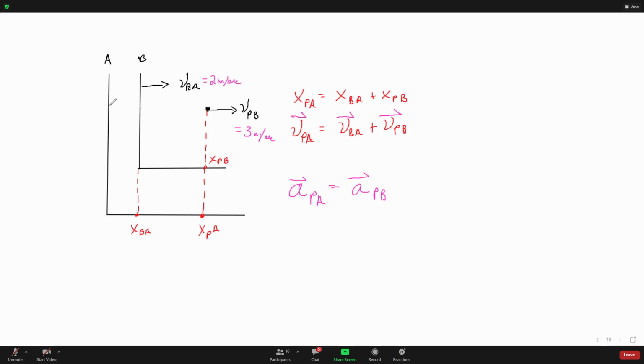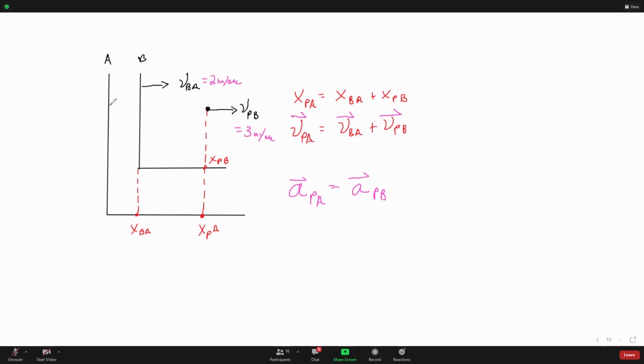Go ahead. I have a question. So what you're saying is that reference frames A and B have the same velocity, which is why B does not have an acceleration with respect to A's reference frame? No, A is at rest and B is moving.